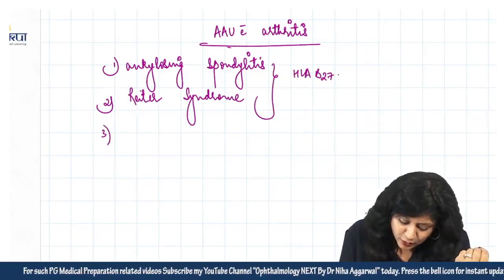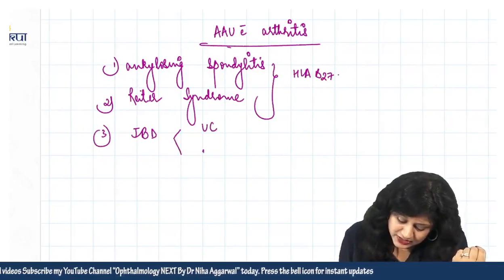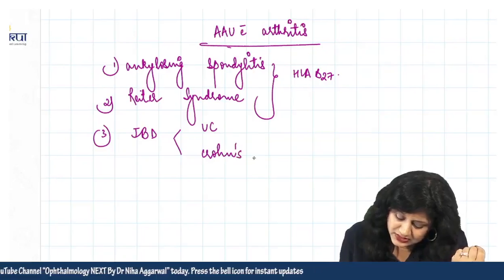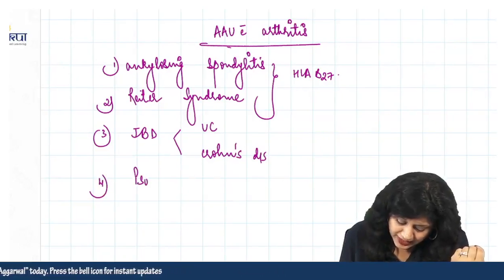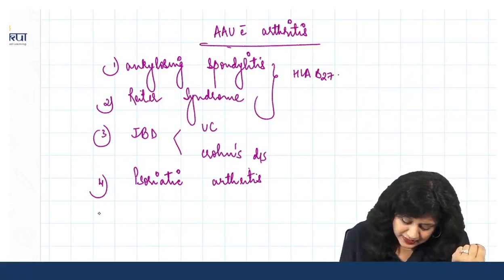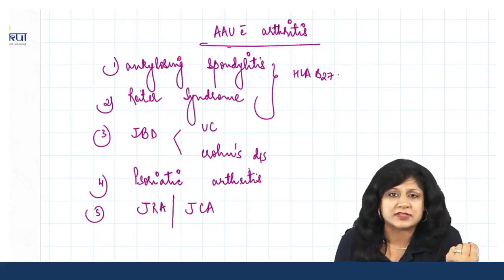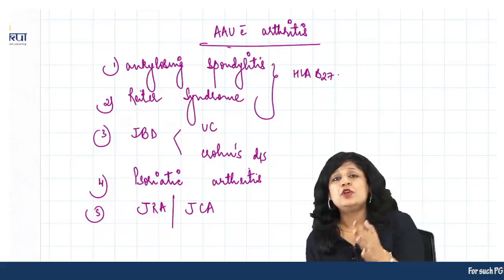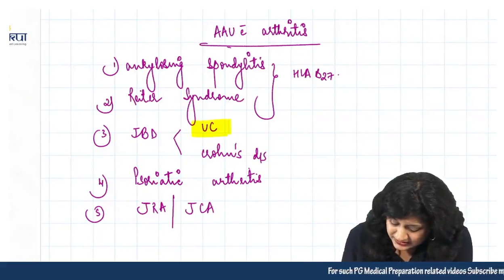Then we have got the inflammatory bowel diseases: ulcerative colitis as well as Crohn's disease. Then next to follow is your psoriatic arthritis, and finally we have juvenile rheumatoid arthritis or juvenile chronic arthritis. Now if you look at the options, they have already given you ulcerative colitis and psoriasis.